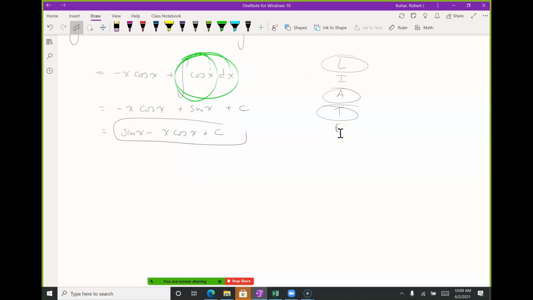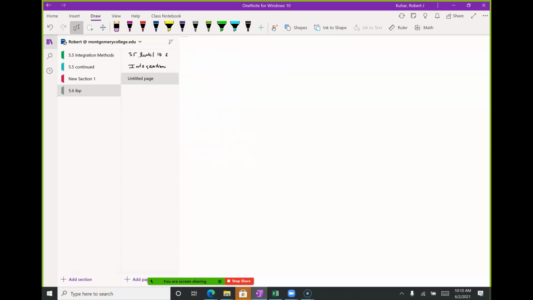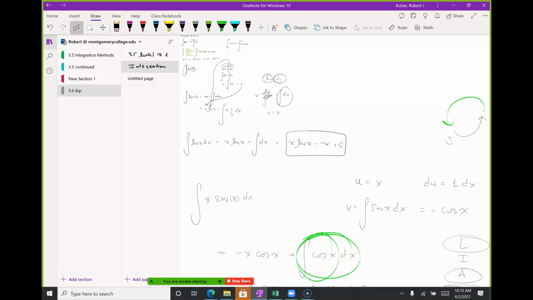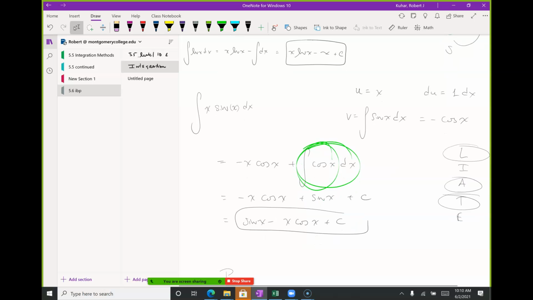There are a couple of things that happen that are kind of cool in these problems. Let me do a new page here. Sorry, can I ask a quick question? Of course, Eleanor, go ahead. This might be really obvious, but how did you get from the integral of x times sine of x dx to negative x cosine x?